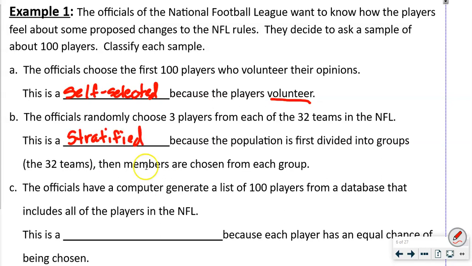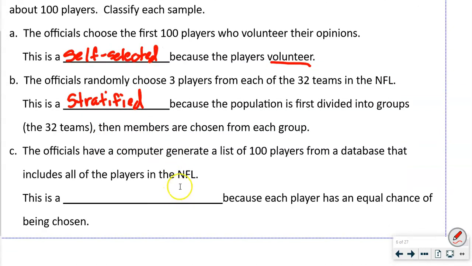Because the population is first divided into groups, the 32 teams, and then the members are chosen from each group. Okay, now C, the officials have a computer generate a list of 100 players from a database that includes all of the players in the NFL. So, oh, by the way, let's look at the differences here. So on this one, the last one was first divided into groups and then choose from each group. Y'all see that? That's the keys there, okay?